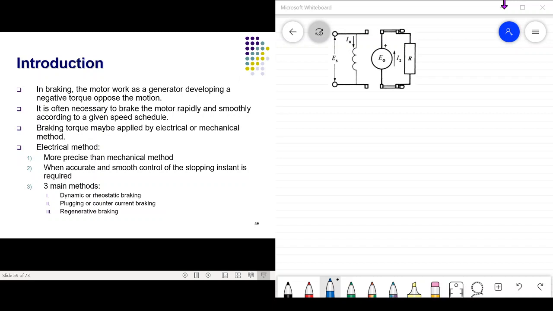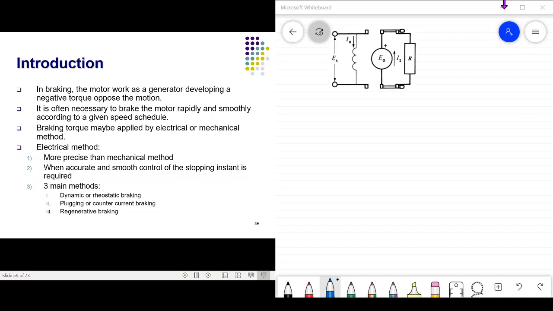In spite of these disadvantages, it is also used along with electric braking to ensure reliable operation of the drive. It is also used to hold the drive at a standstill because many braking methods do not produce torque at standstill condition. There are three types of electric braking in a DC motor.